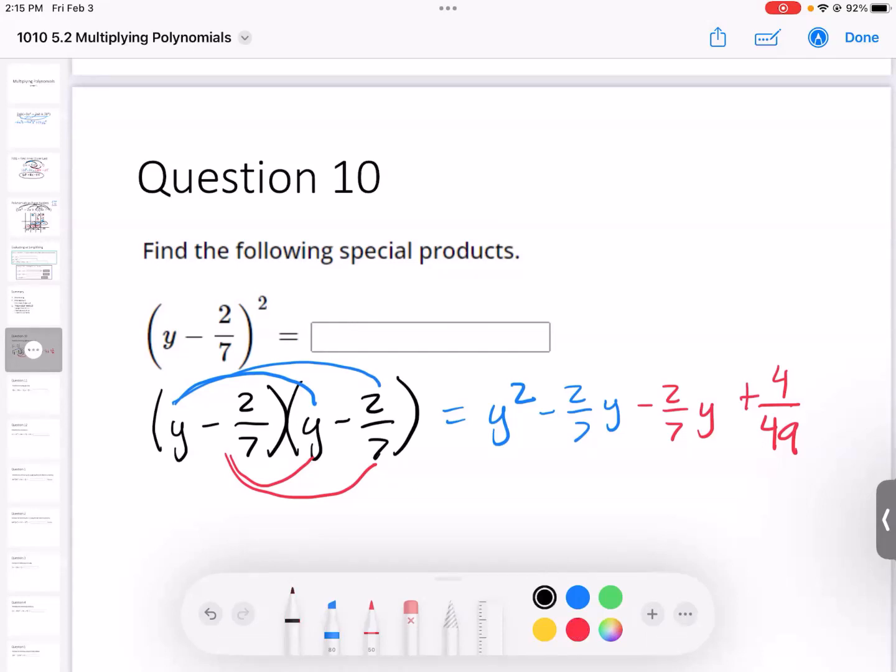So this simplifies to y squared minus 4/7 y plus 4/49, because -2/7 minus 2/7 is -4/7. So multiplying, you multiply the top and the bottom. Adding or subtracting, you have to have common denominators, then you only add the top. Any questions on that one?